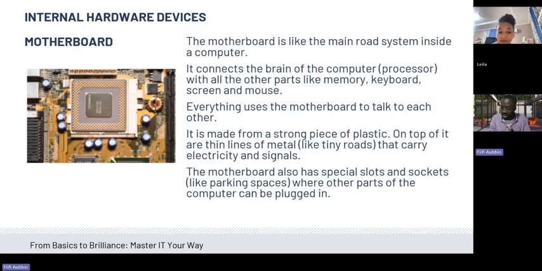Can you tell me something about a motherboard? What is its function? What does it do? Like, I wouldn't say it controls everything, but like... What does it do? Oh, you've forgotten. Wait, try.